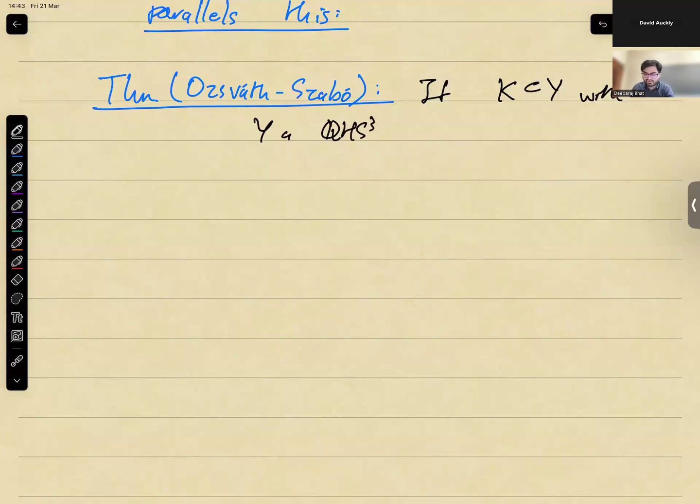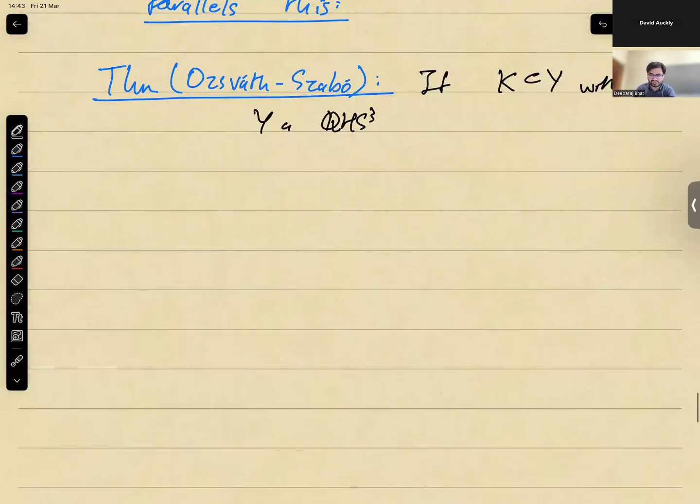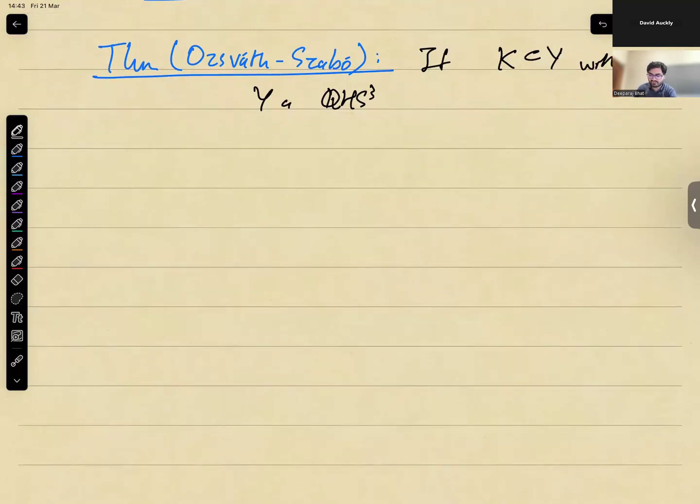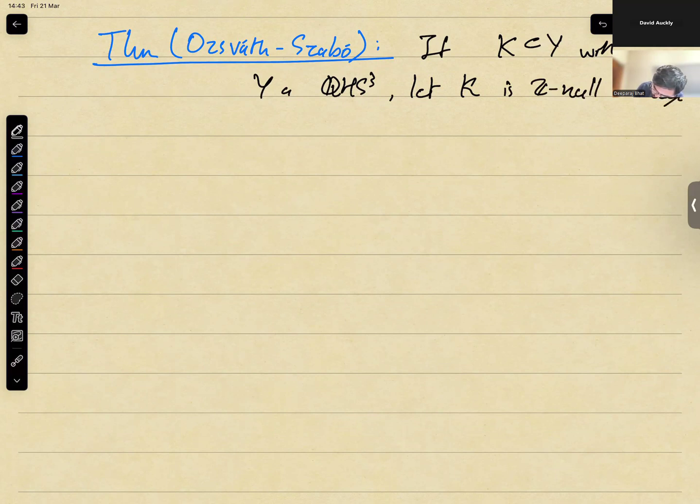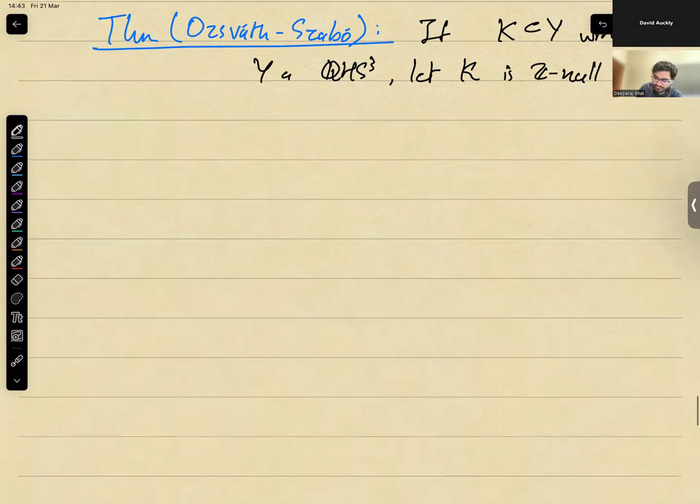And now, since this is a rational homology sphere, K is rationally null-homologous, and so it gets a framing from it. Or no, let me also just add K is Z null-homologous.